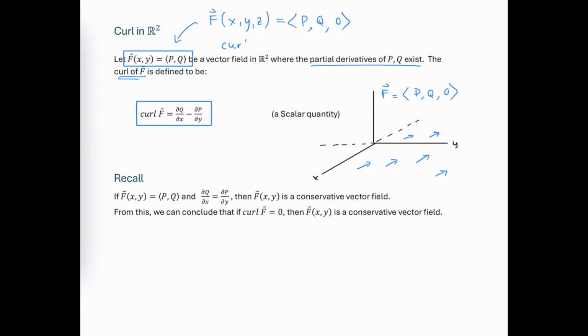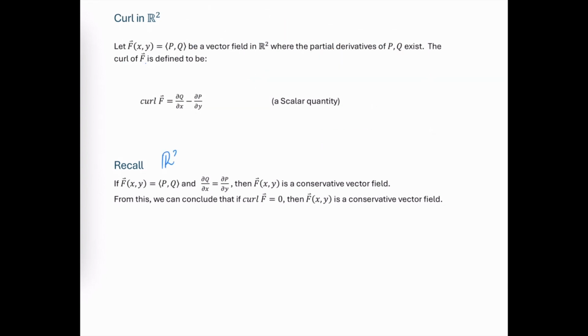And from this perspective, if we used our 3D formula for calculating this 3D curl, we end up with a 3D vector where the z component of that curl vector field function is partial Q with respect to x minus partial P with respect to y, which, as you'll notice, the z component of this 3D vector is precisely what we get if we were to calculate that two-dimensional curl.